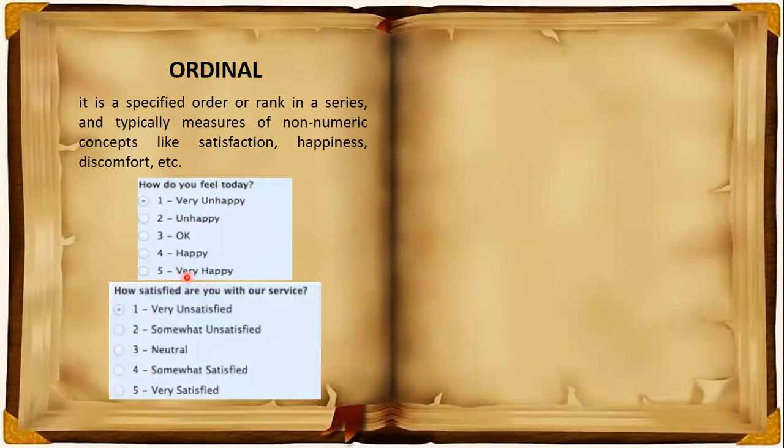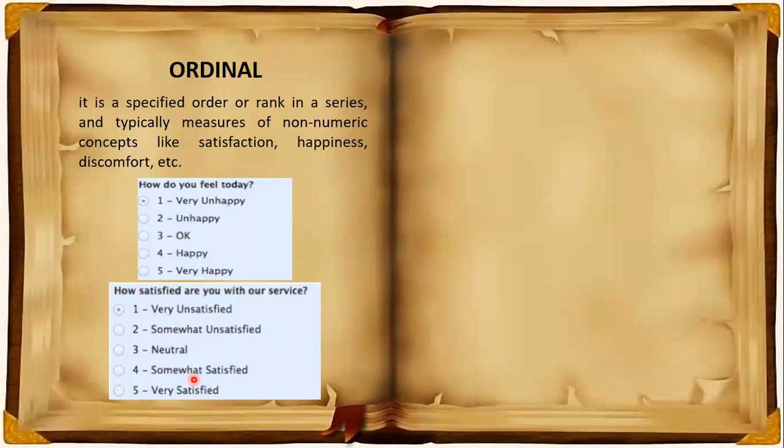Okay. Now, let's proceed to the next example. So, how satisfied are you with our service? So, we have here number 1, very unsatisfied. Number 2, somewhat unsatisfied. And number 3, neutral. And number 4, somewhat satisfied. And number 5, very satisfied.